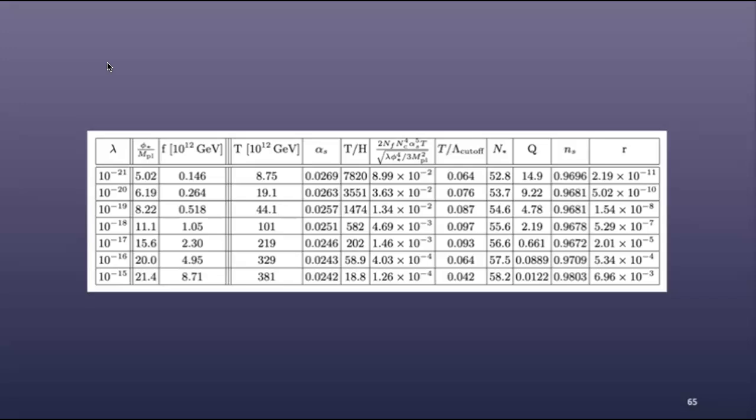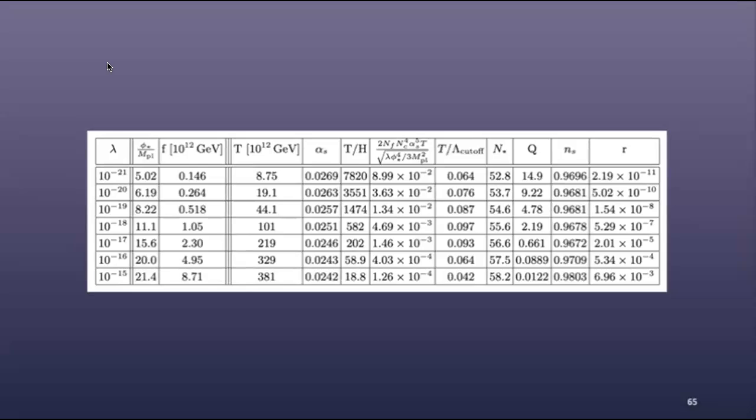So I'm just trying to think about your initial conditions. You've got your energy density. Let's just take the top line. If lambda is 10^-20 or 21, then your energy density is 5 to the fourth, a factor of 1,000.